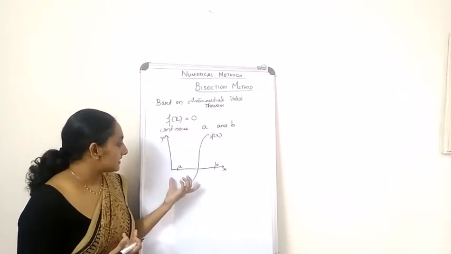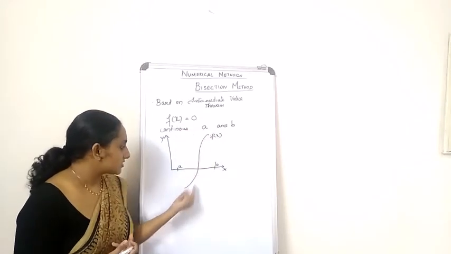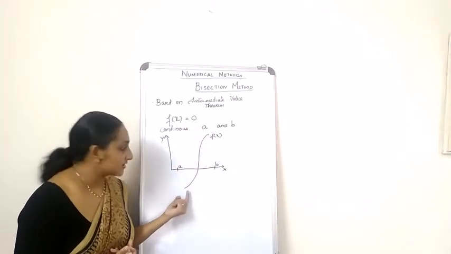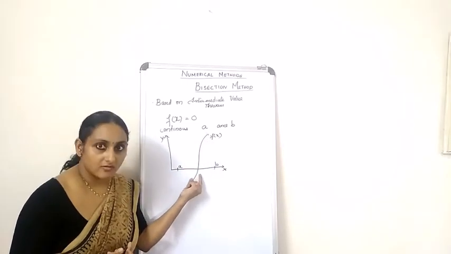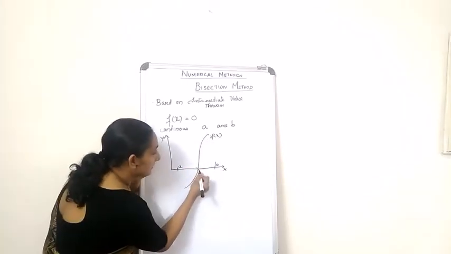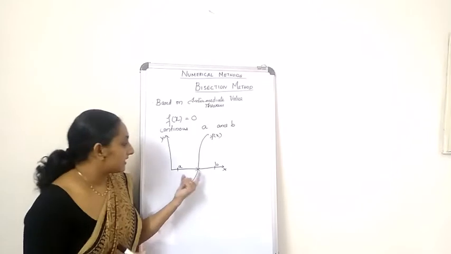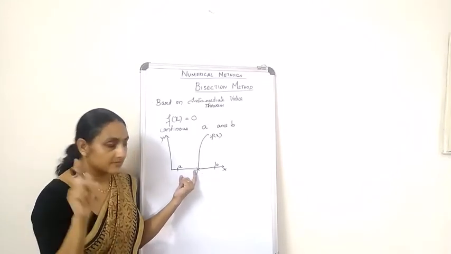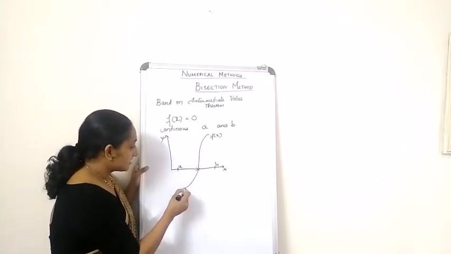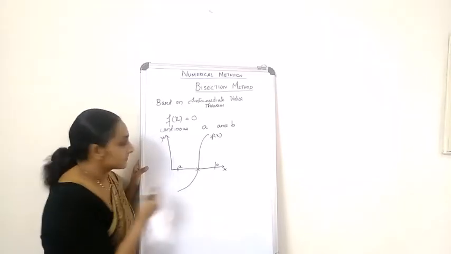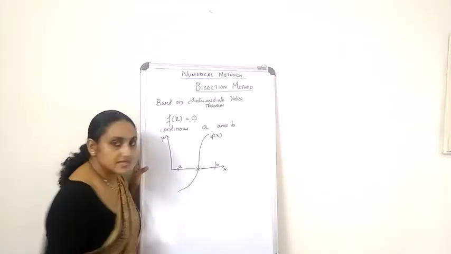So what does this mean? f of x is a continuous function. That's why it doesn't have a break over here. It cuts over here. Just keep that in mind. And it's continuous between the points A and B.